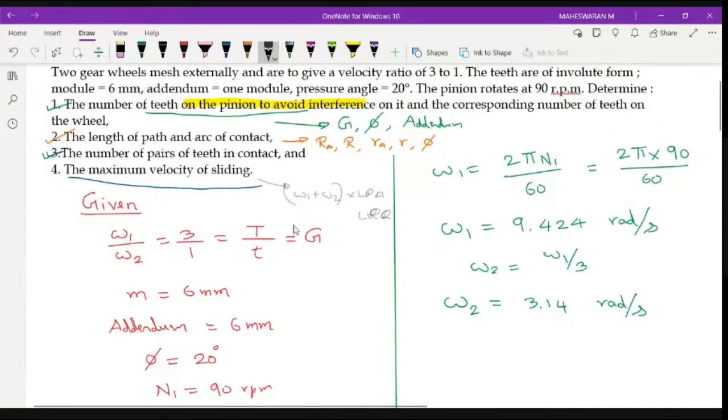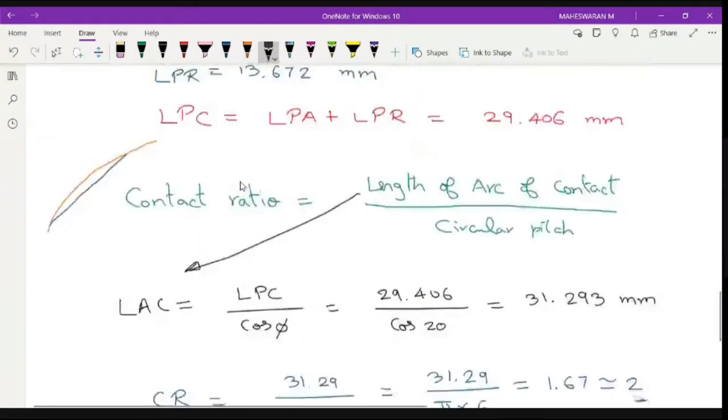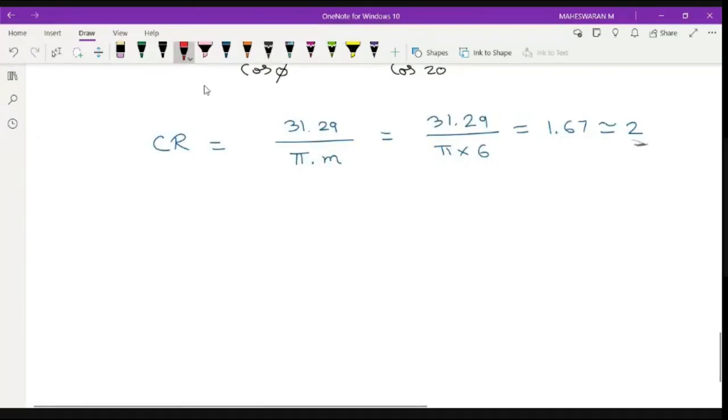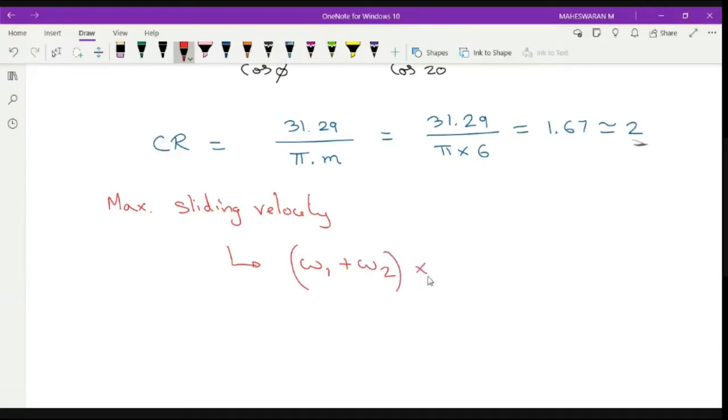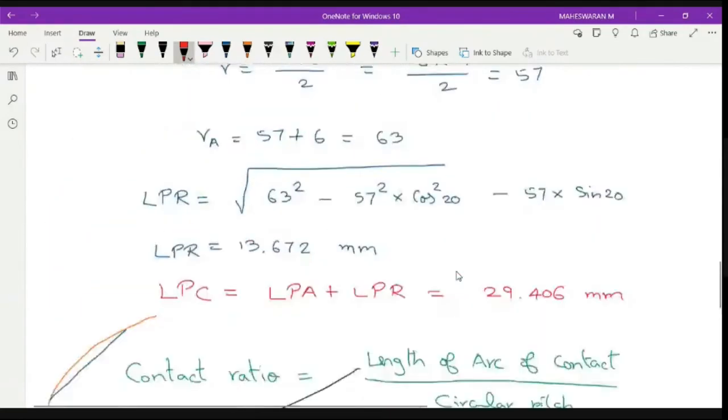Okay, now we will go for the maximum sliding velocity. Since the question asks to identify the maximum sliding velocity, I need omega 1 and omega 2, and I have to multiply with whichever is maximum here.